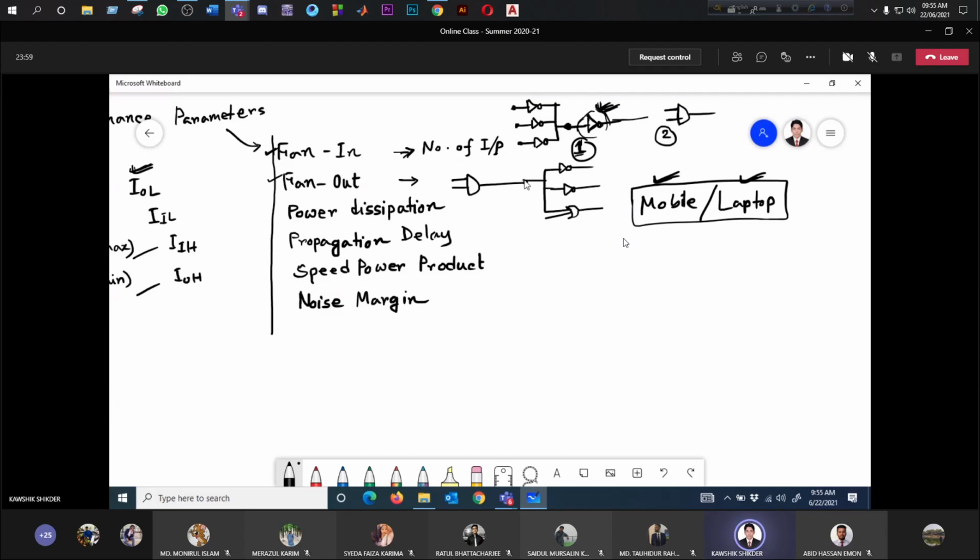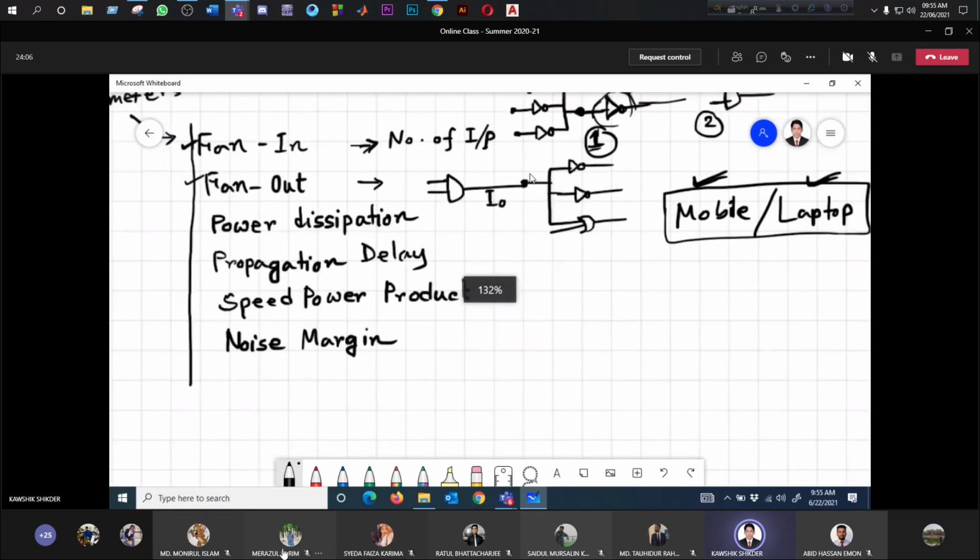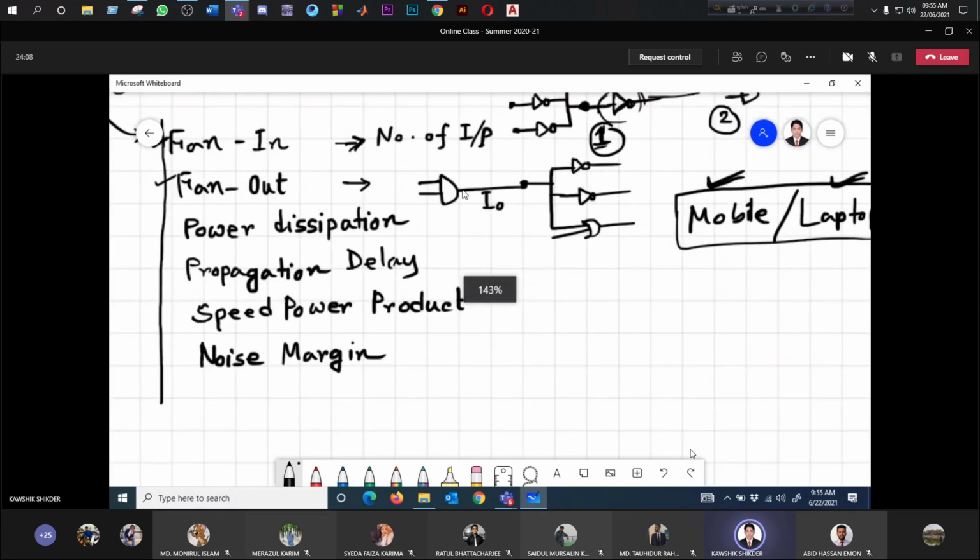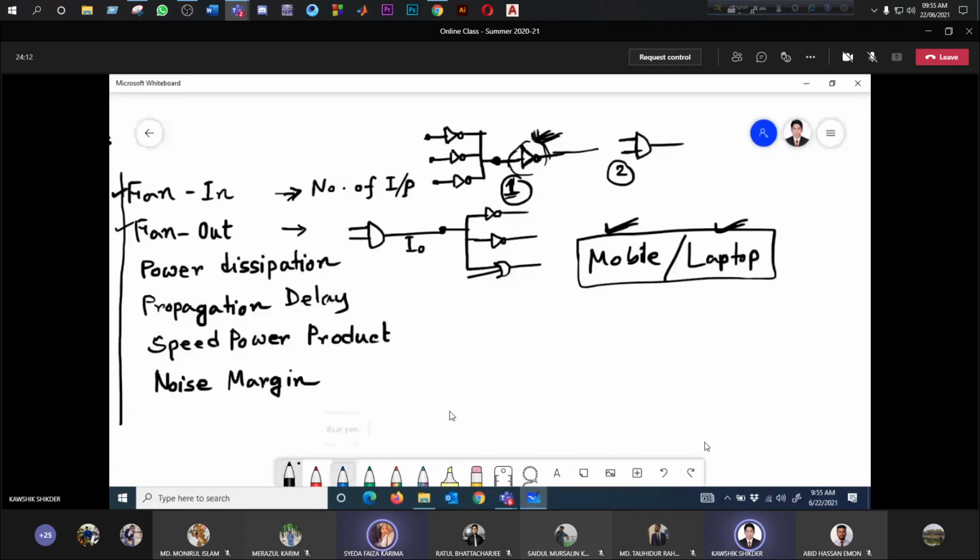For example, this is the output. So IO stands for what? Anybody? Current output. That means IO stands for output current.